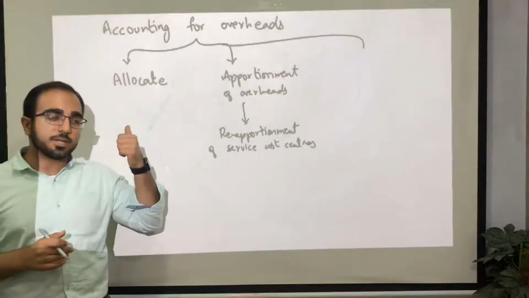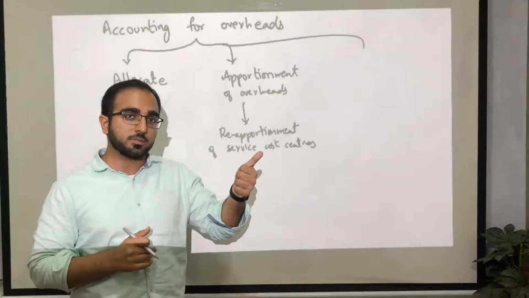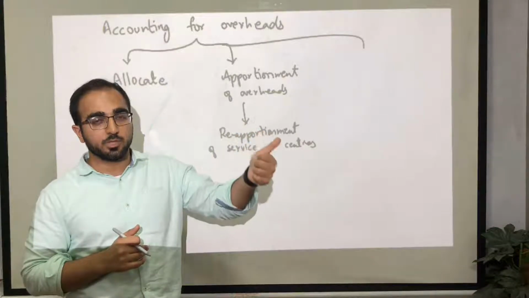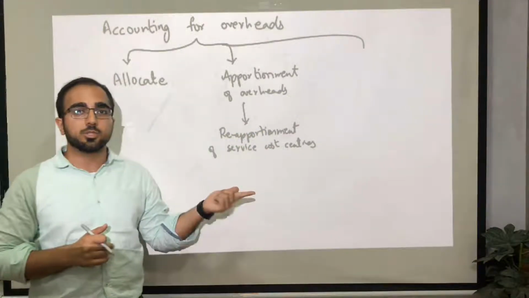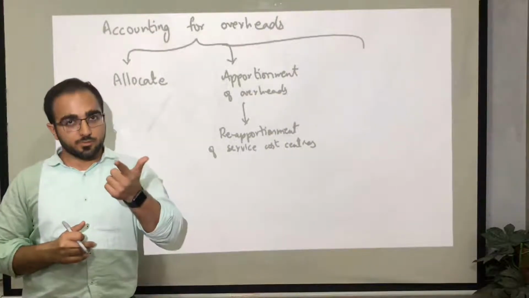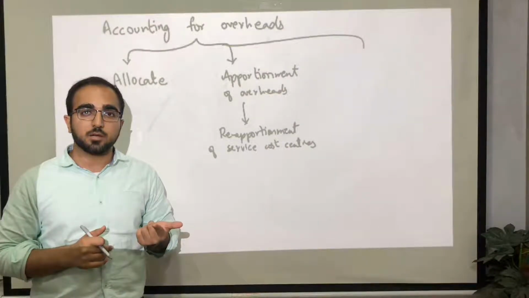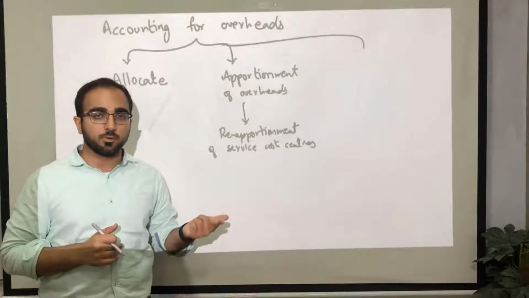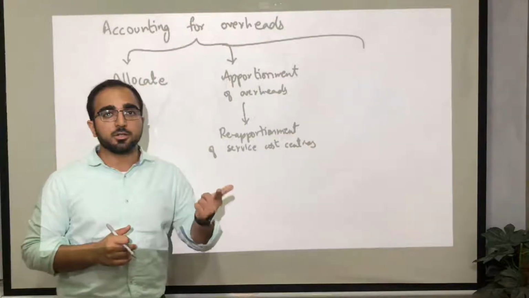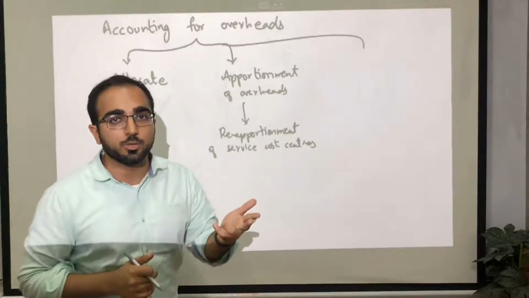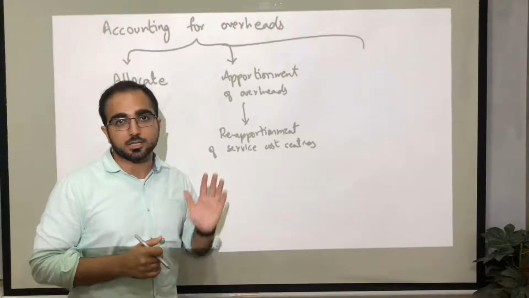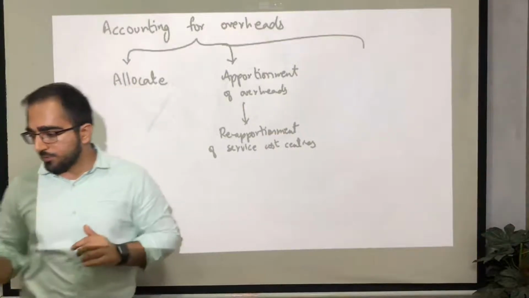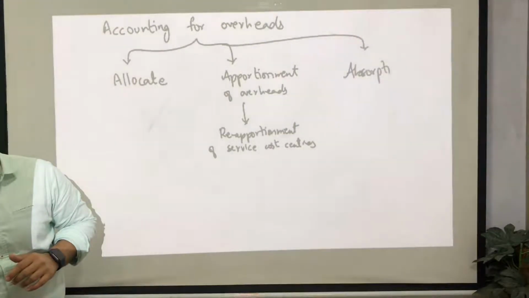So the process is that you first allocate the overheads which are directly attributable to those departments only. Then you apportion the overheads based on a suitable basis. In the example we took, that was rental, where we took the floor area. Then you reapportion the service departments' overheads to the production departments only.